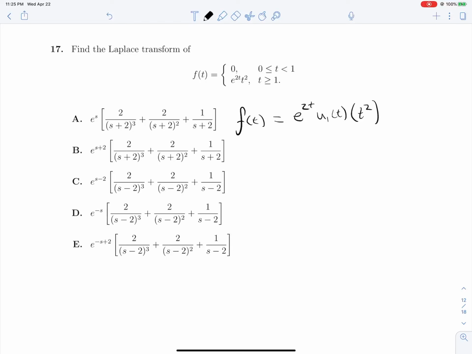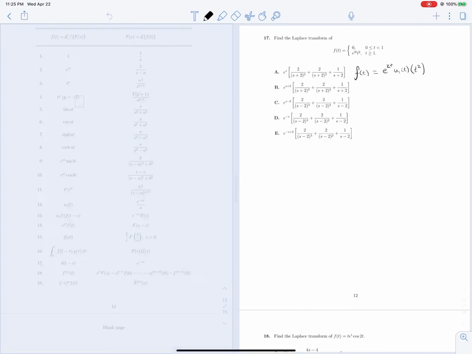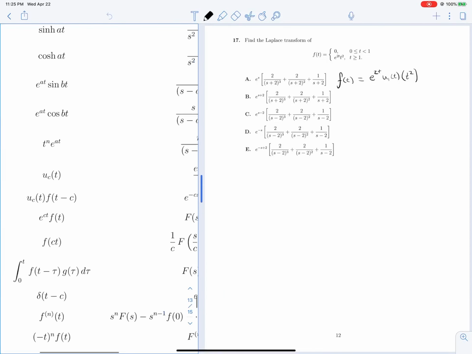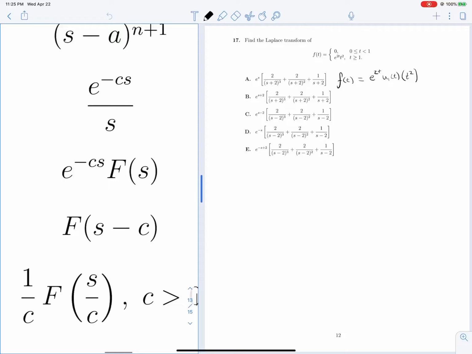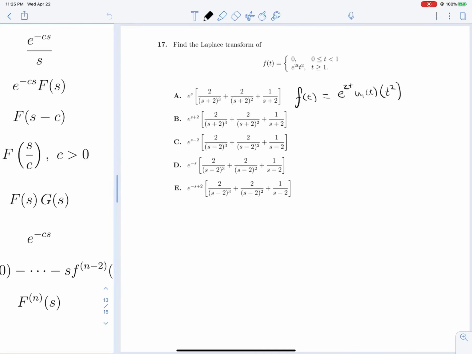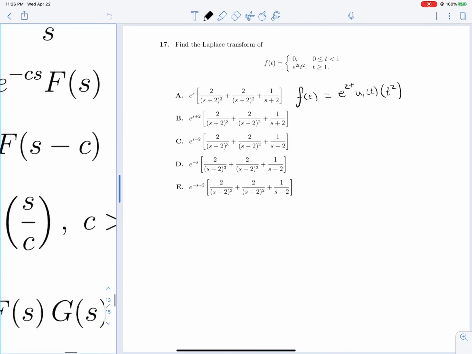And the important thing to recognize is that multiplying anything by e to the ct will give you the Laplace transform of f of t, but you replace all of your s's, in our case alphas, with alpha minus that c value.